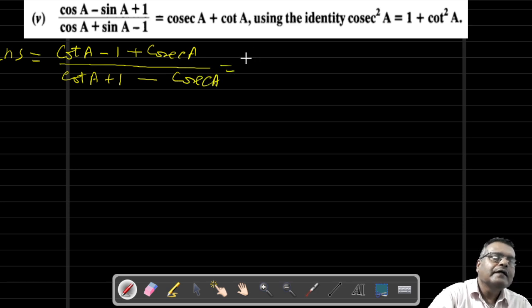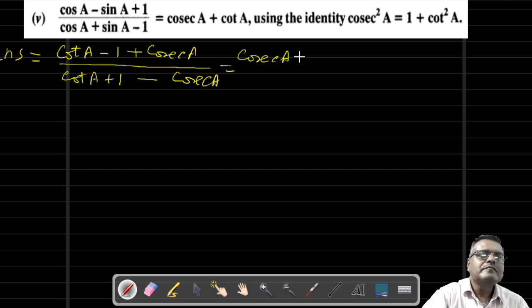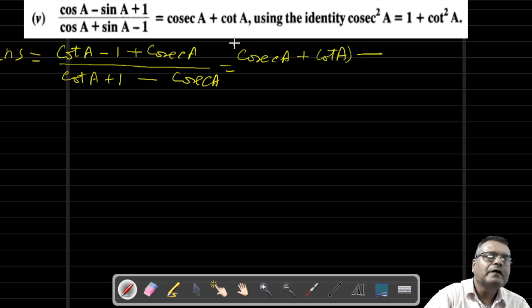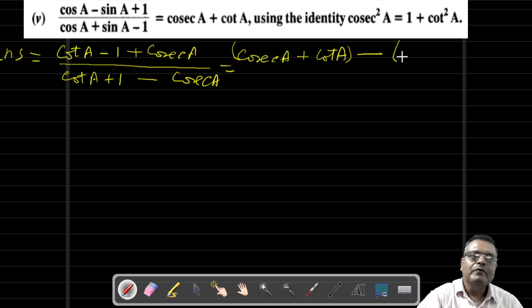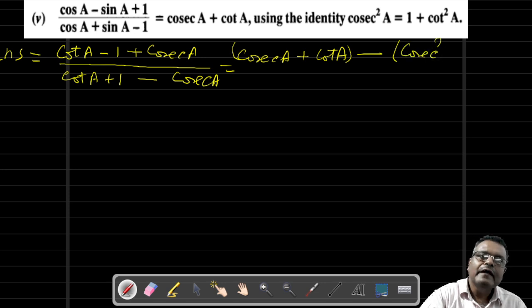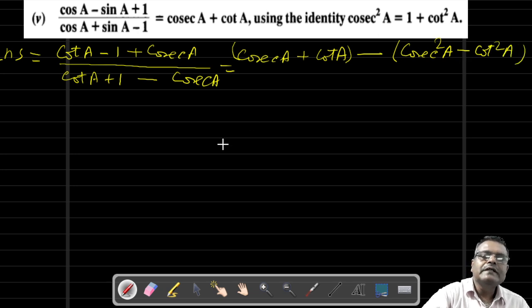This divided by cot A plus 1 minus cosec A. So you can write cosec A plus cot A minus 1. For 1 you can write cosec square A minus cot square A, because cosec square A minus cot square A is 1.